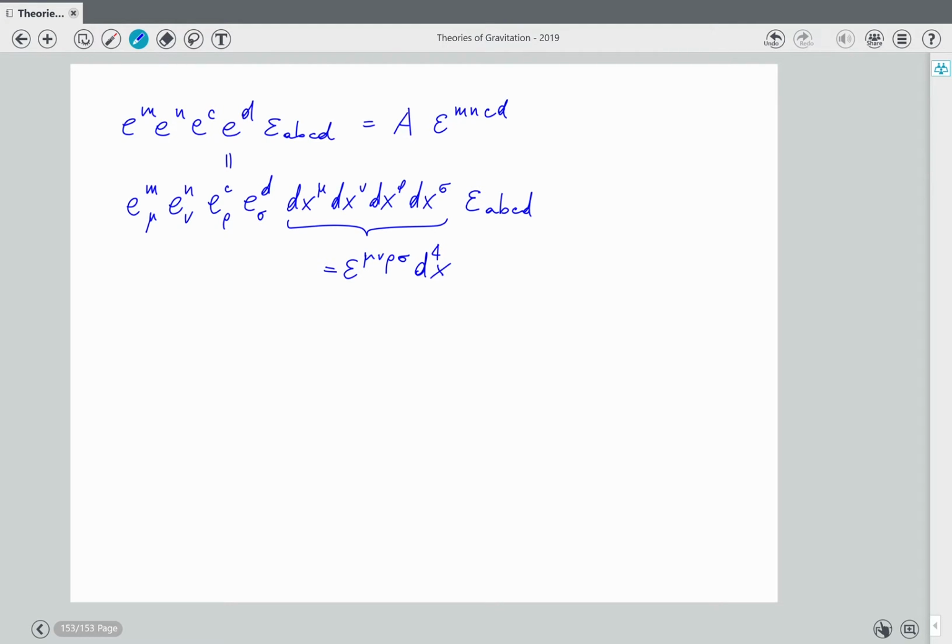That's how we convert the volume form into the normal volume integral. Therefore, here we have our d^4x. That multiplies those things that you find there.